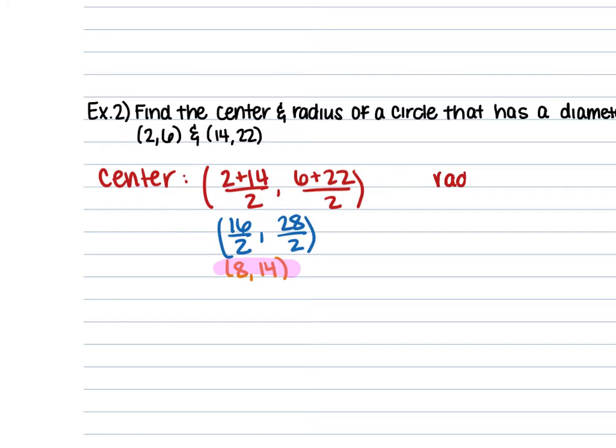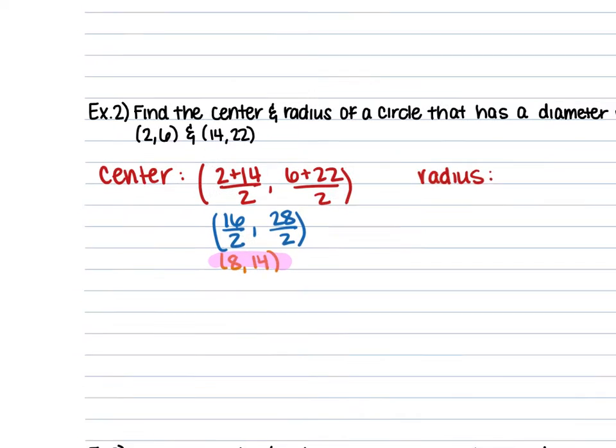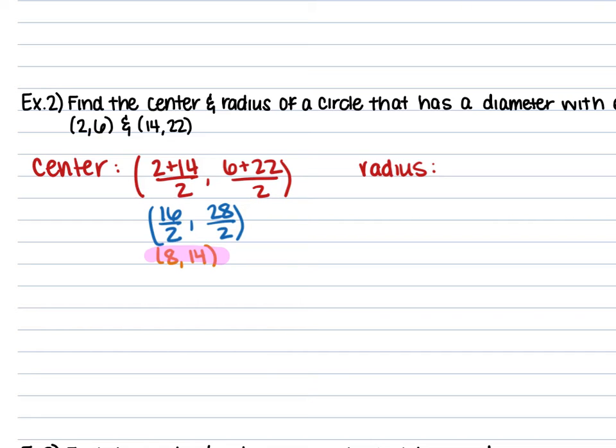Now find your radius. I'm going to once again use that (2, 6) and that center point. So (2, 6) and (8, 14) are the two ordered pairs that I'm using.